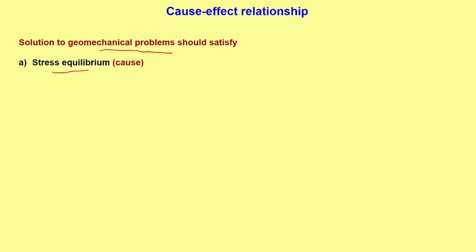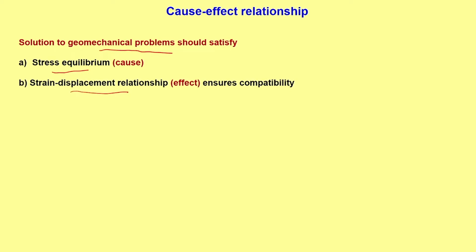So, we need to satisfy the stress equilibrium condition, which is conceived as the cause. Then we also need to understand the strain displacement relationship, which is defined as the effect, and to ensure compatibility.